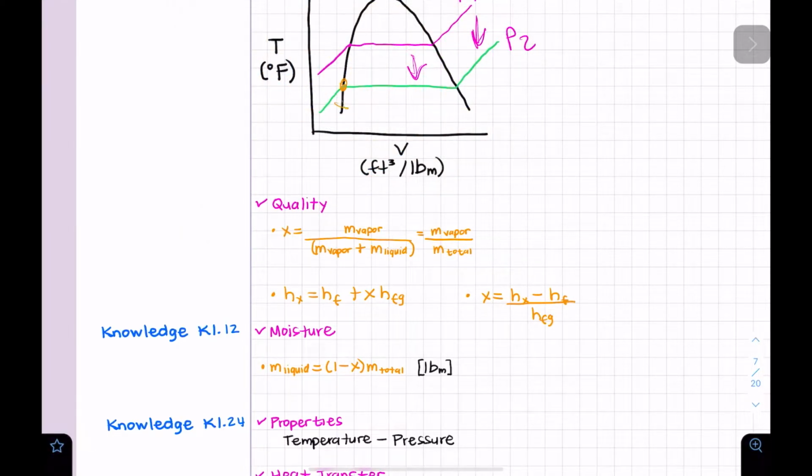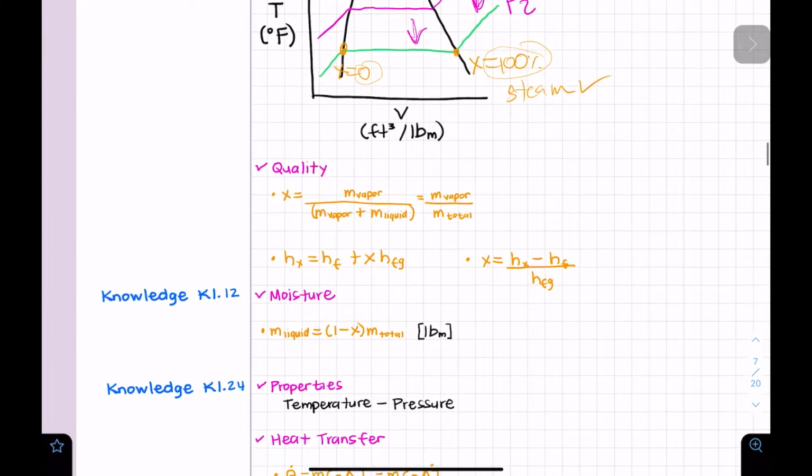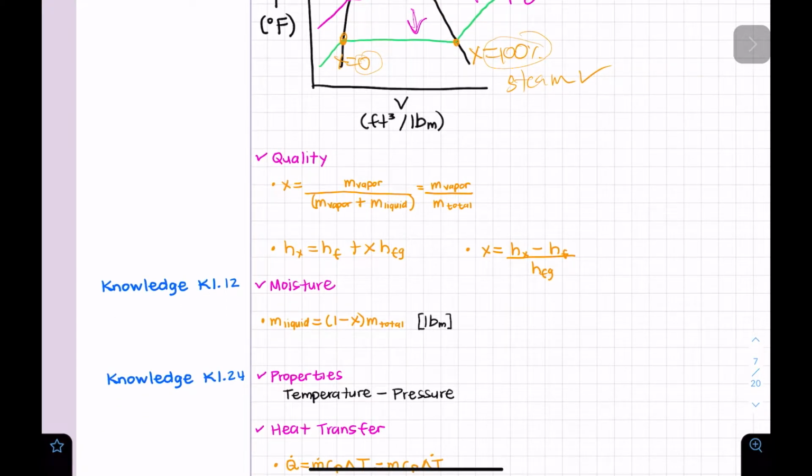Quality is equal to 0 when I have saturated liquid, and at this point quality is 100% because everything was already converted to steam. So here I have 0% steam and here I have 100% steam. I can also use my enthalpy to obtain the quality.